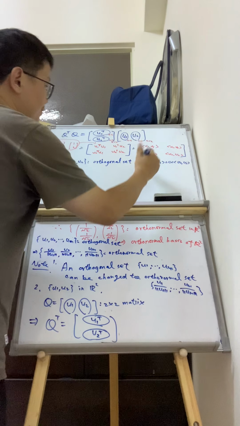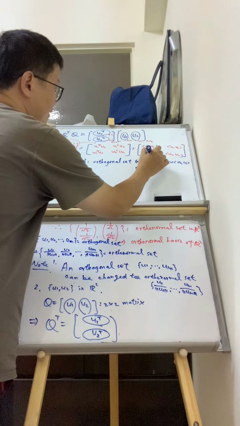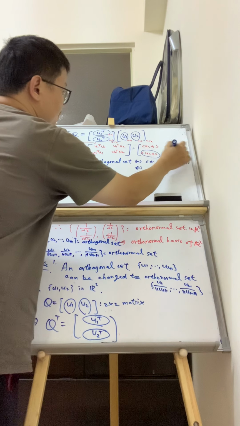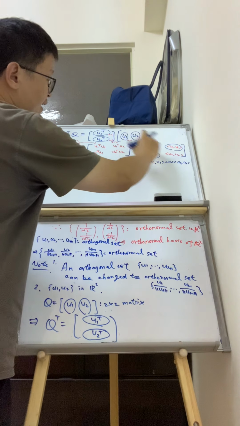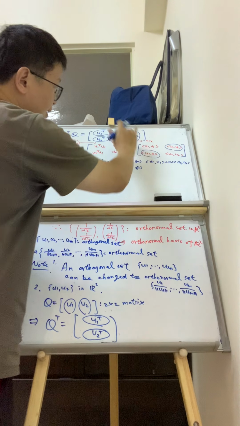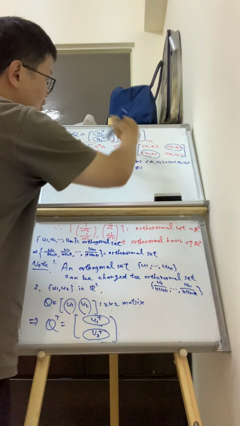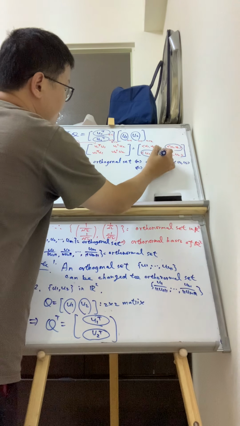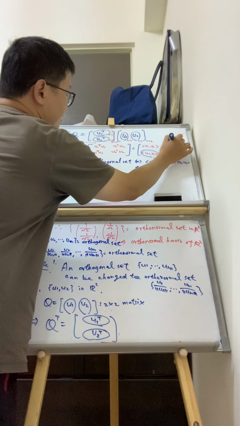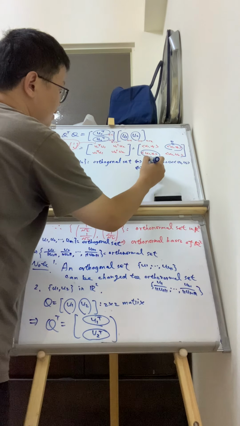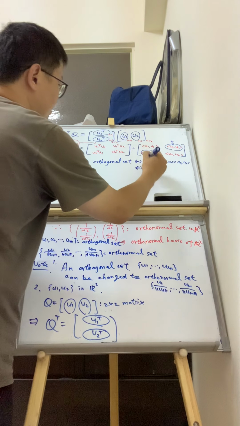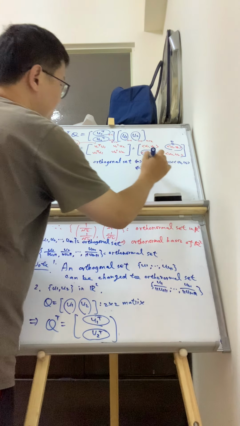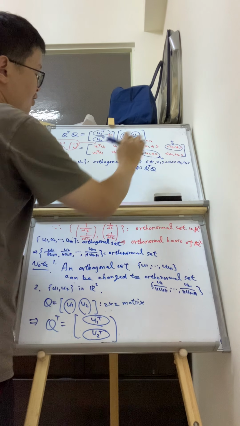So in this case, if the entry is not on the diagonal, then it should be 0. So Q transpose Q just has non-zero entries on the diagonal.